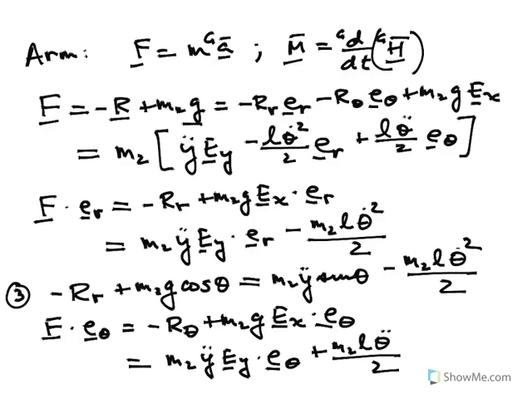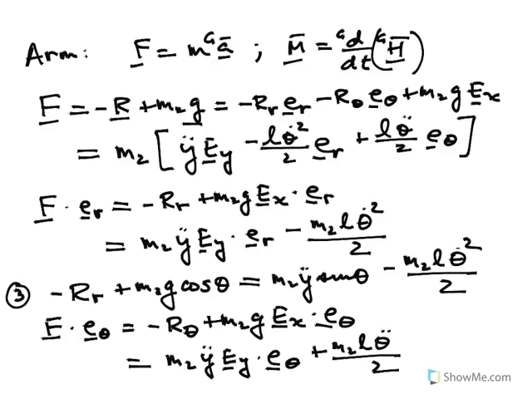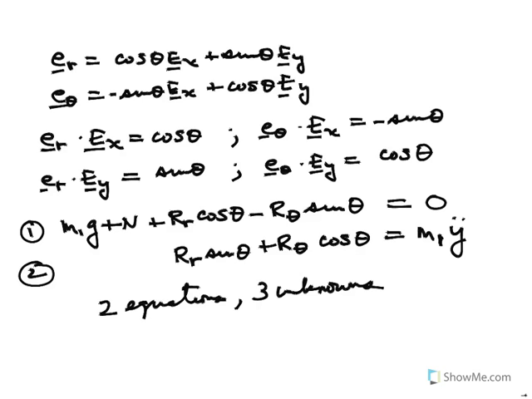Now the second term actually disappears because we're dotting with e_theta. So that gives us the fourth equation. The fourth equation is minus R sub theta, and then plus m2g, and e_x dotted with e_theta.